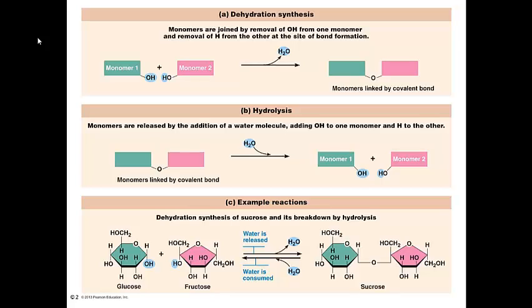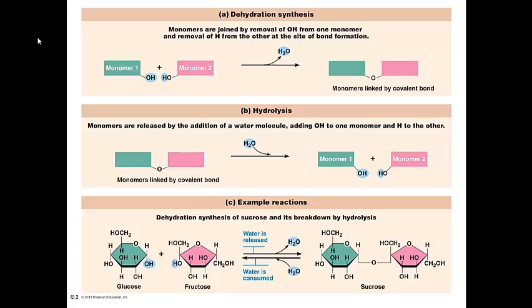What is it? It's sugar, but you know what it is chemically? It's actually two simple sugars linked together by this reaction, dehydration synthesis. It's glucose and fructose. That in there is sucrose.